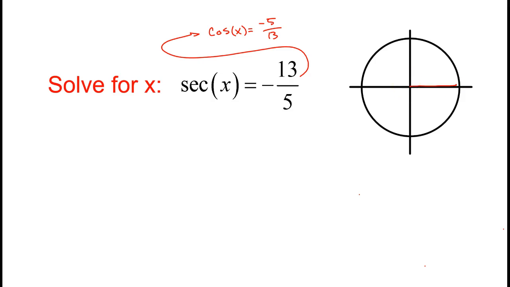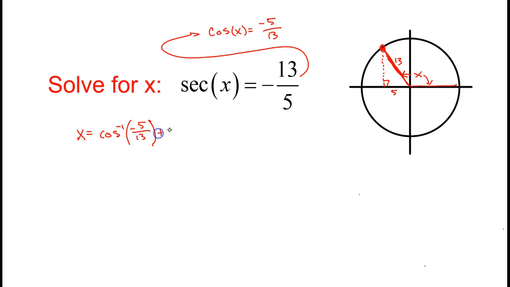We're going to have something that kind of looks like this. This is the angle whose cosine ratio will be negative 5/13. And we can then write the solution to that equation as x equals the inverse cosine of negative 5/13.